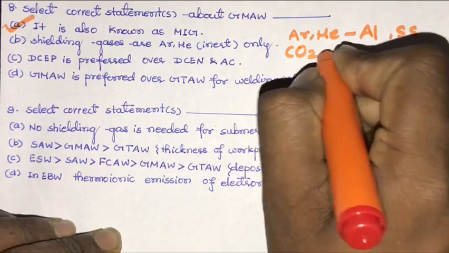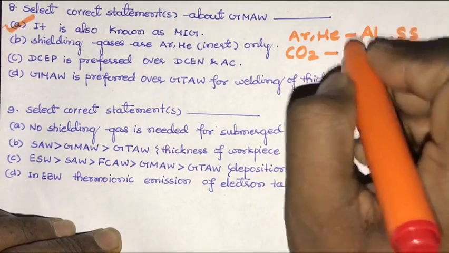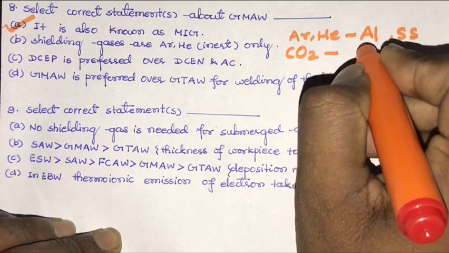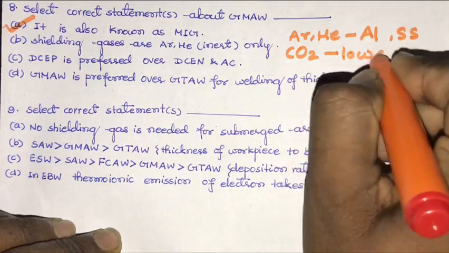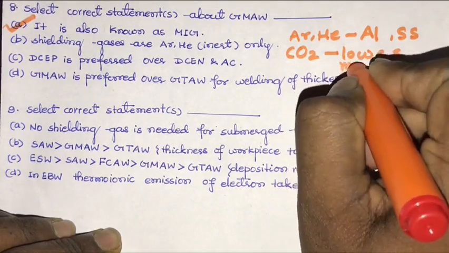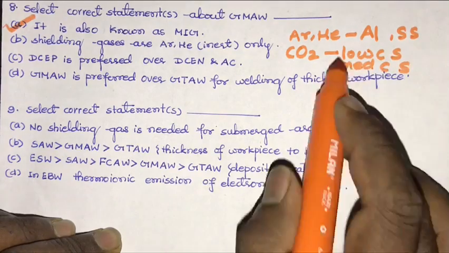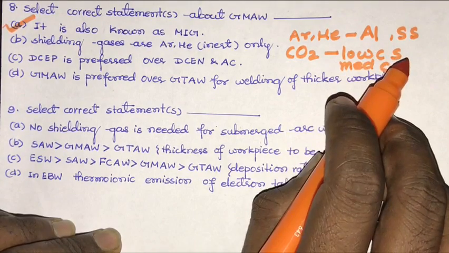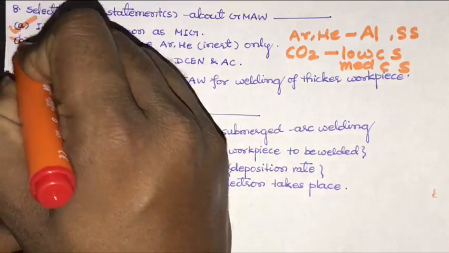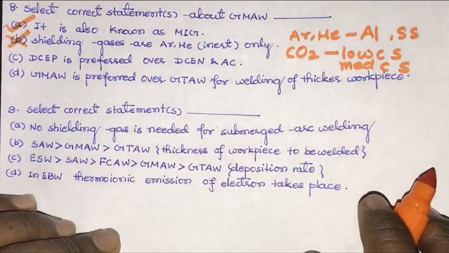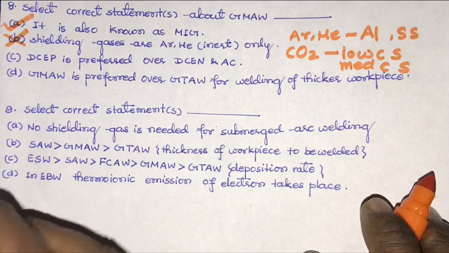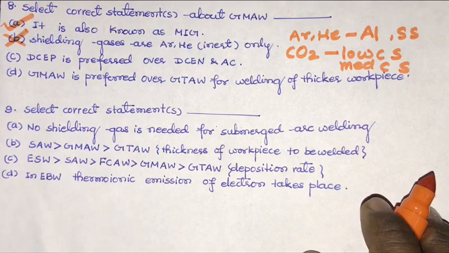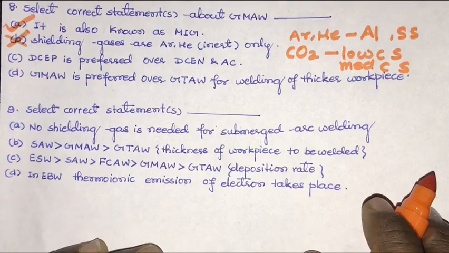It also uses carbon dioxide for low carbon steel and medium carbon steel. So it is incorrect that MIG only uses inert gas. It uses inert gas as well as CO2, which is not inert in nature.